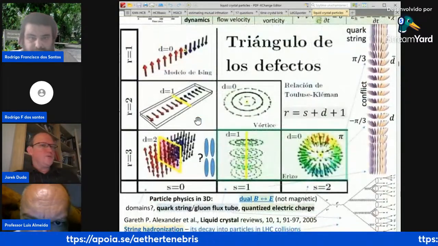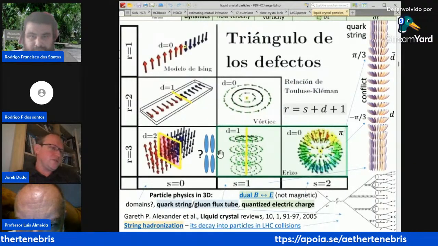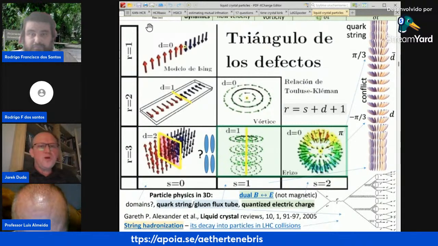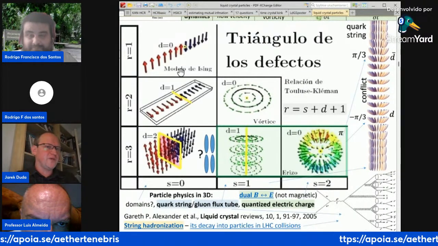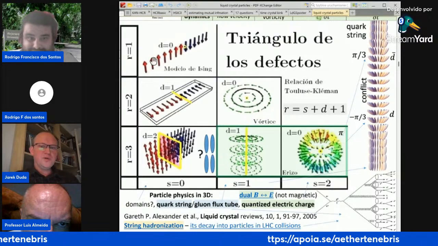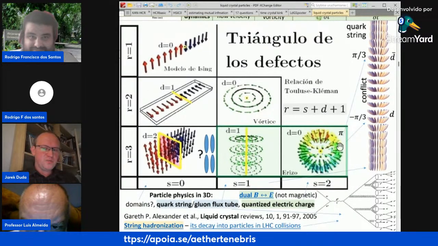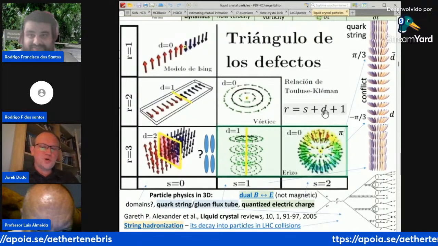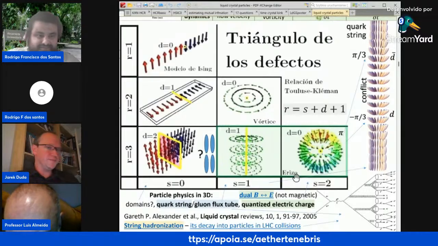Okay, so let's think about the topological defects we can get in liquid crystals, generally in three dimensions. In one dimension, we get just these kinks, as I have mentioned, like in the Klein-Gordon model. Then we can get vortices, and finally in 3 dimensions we can also get these point-like charges. Those, as mentioned, will be interpreted as electric charge.